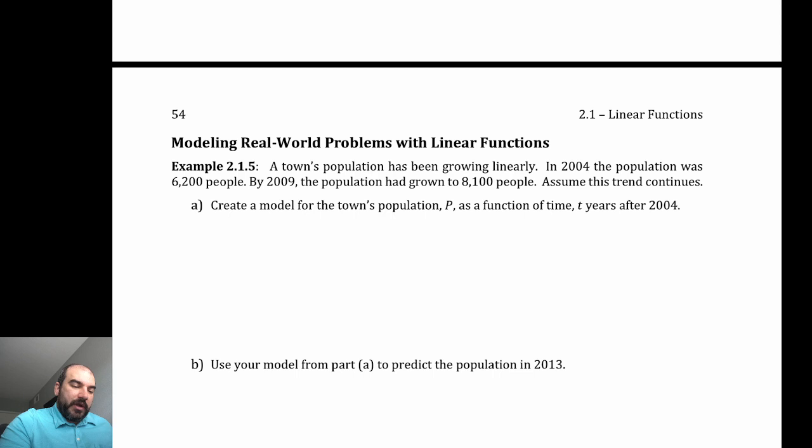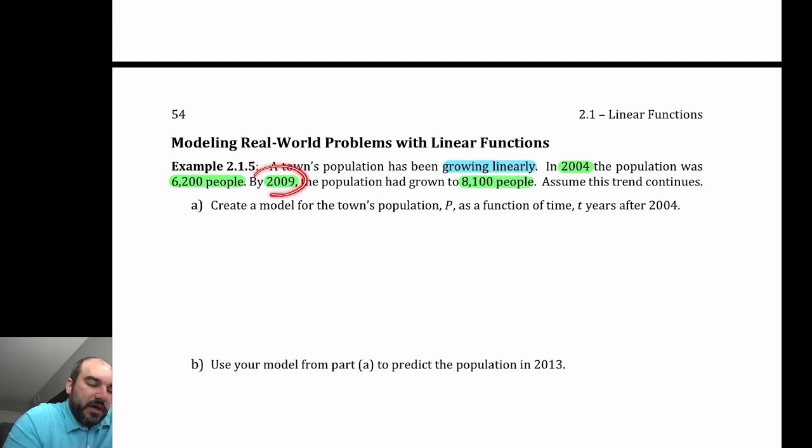So that growing linearly means we're going to have a straight line, which means we can use a linear function to model this. In 2004, so we're given some information here. In 2004, the population was 6,200 people. So that's a time and a population that we have. By 2009, the population had grown to 8,100 people.